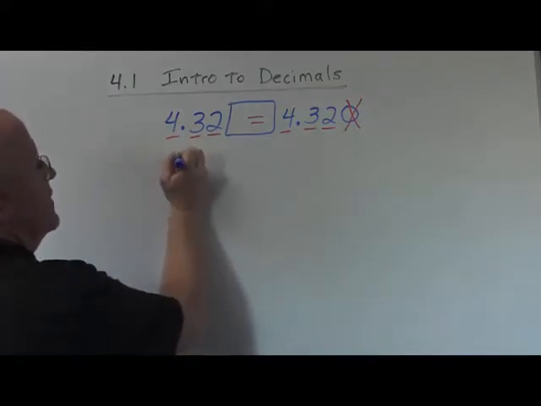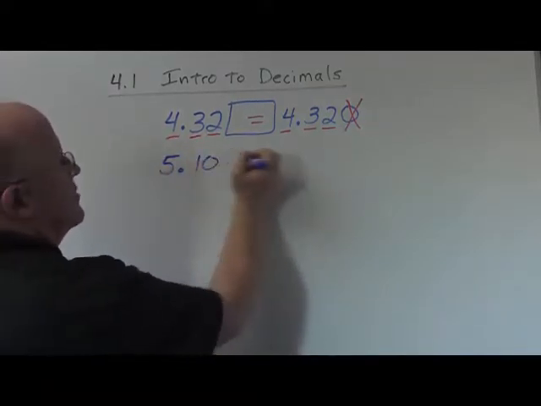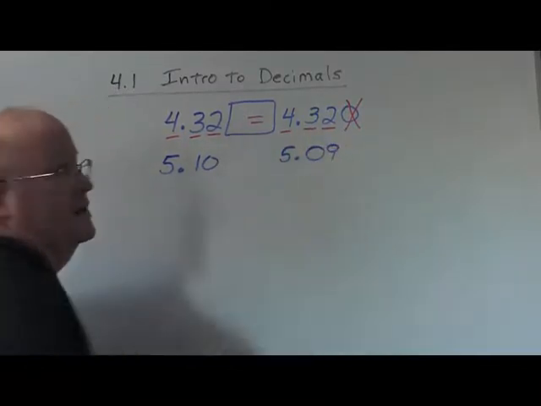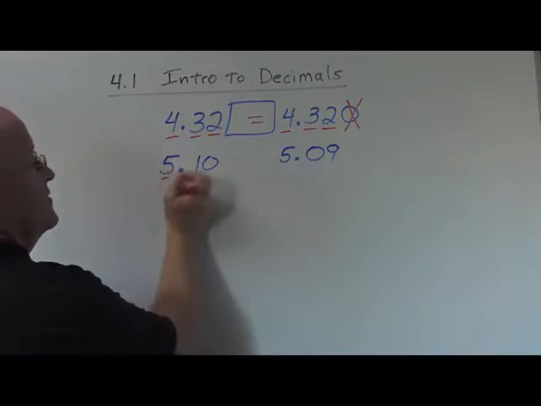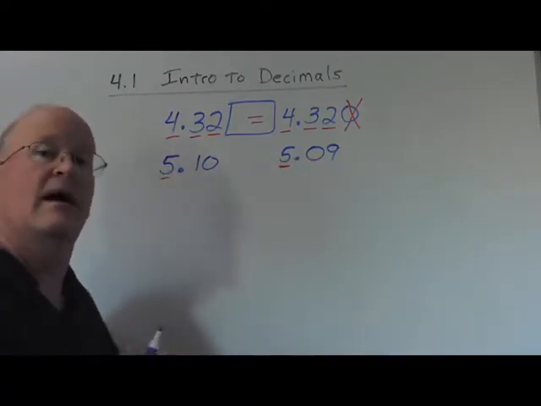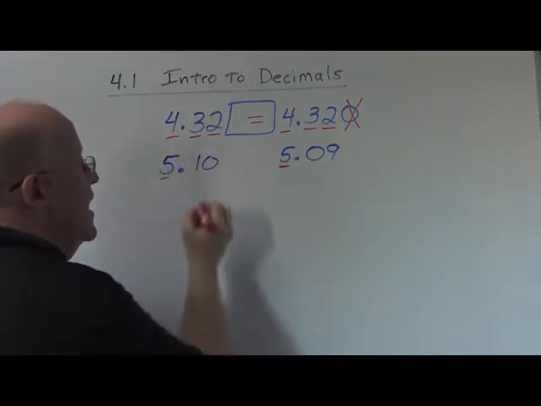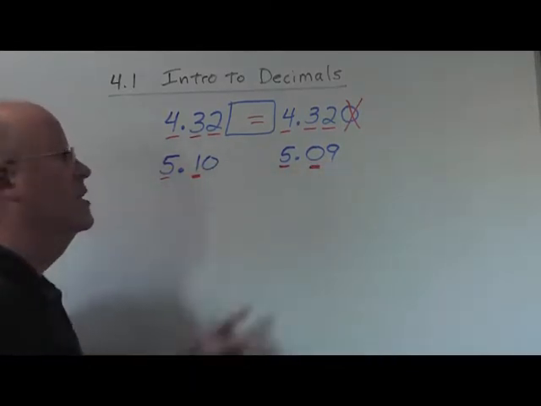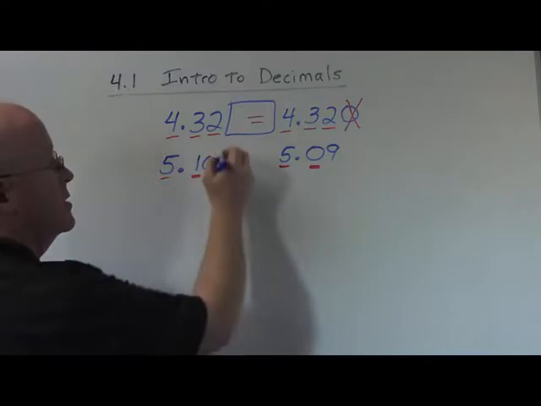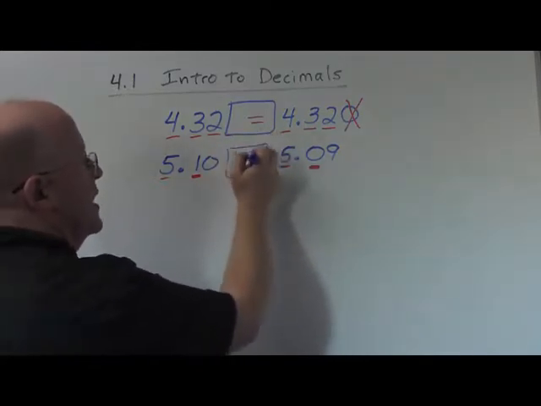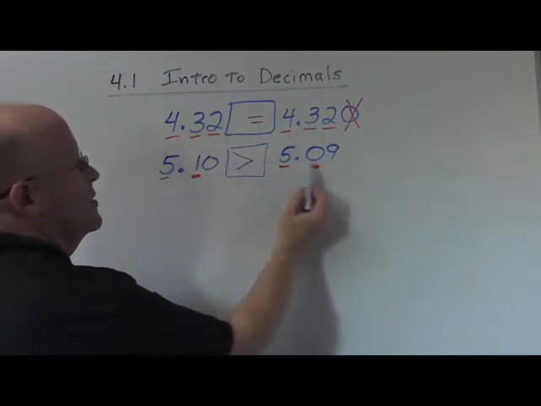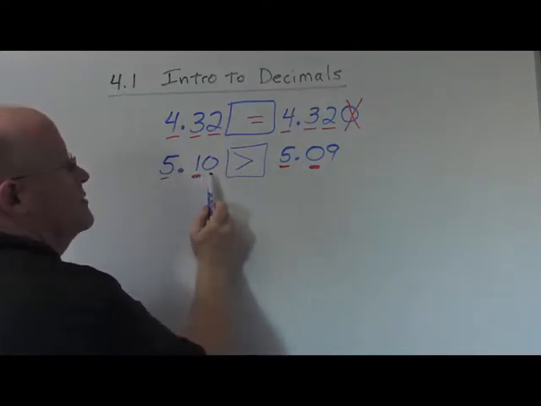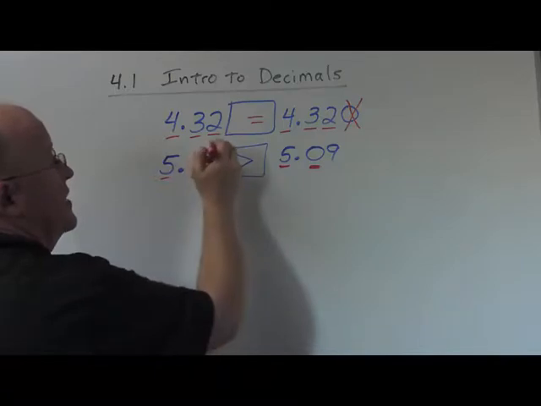Let's say we have 5.10 and 5.09. We start with the 5 and say, they both have the whole number 5 to begin with. And after the 5, we're comparing the 1 versus the 0. 0 is smaller, and so we would have the inequality pointing, so to speak, towards the smaller number. 5.10, in which case we don't even have to have that 0 there.